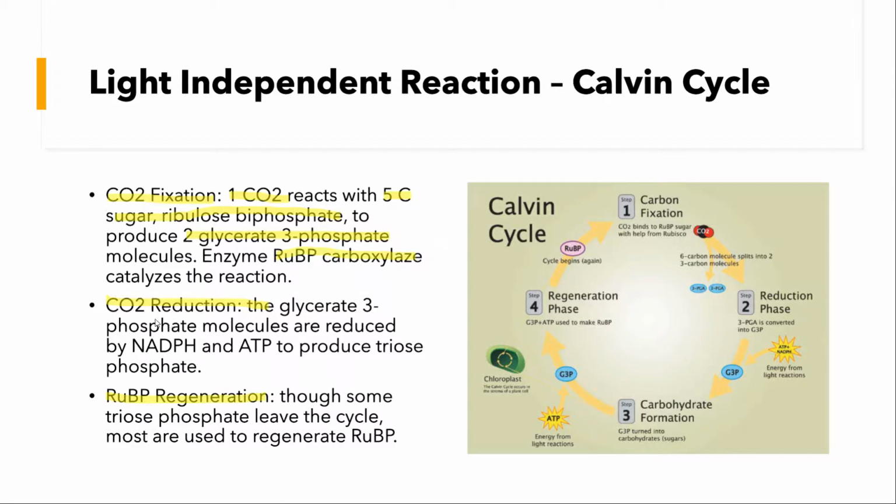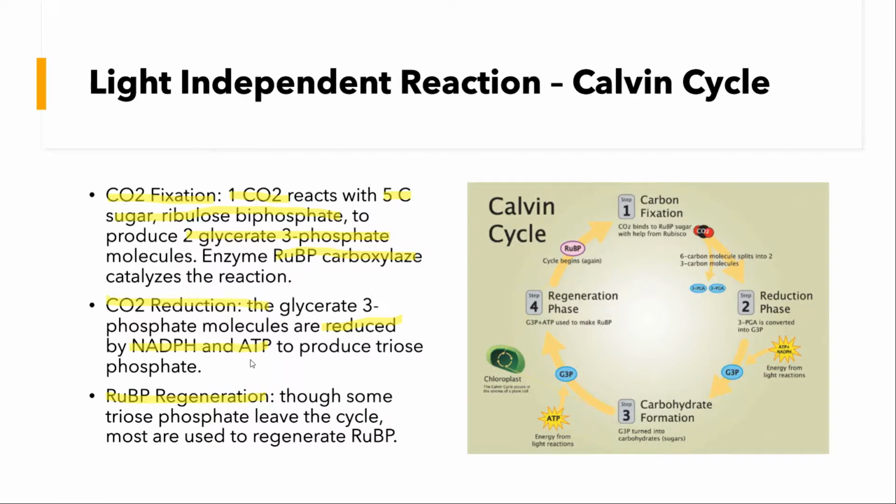Next we have carbon dioxide reduction. The glycerate 3-phosphate molecules are reduced by NADPH and ATP to produce triose phosphate, also known as glyceraldehyde 3-phosphate. So where do these NADPH and ATP come from? They come from the light-dependent reactions.